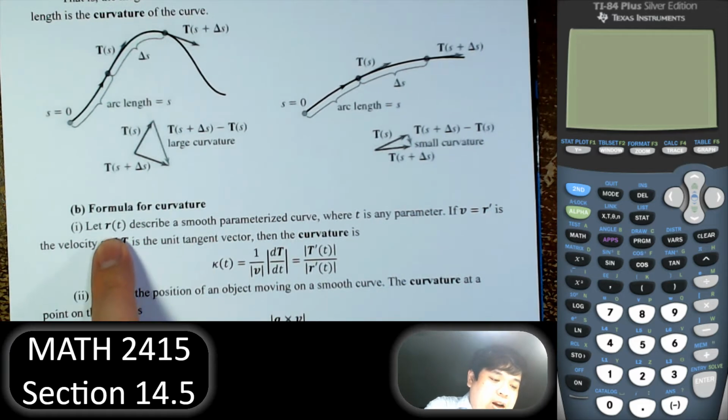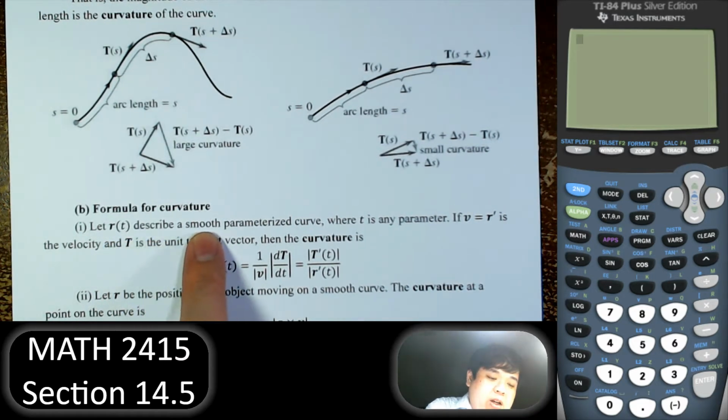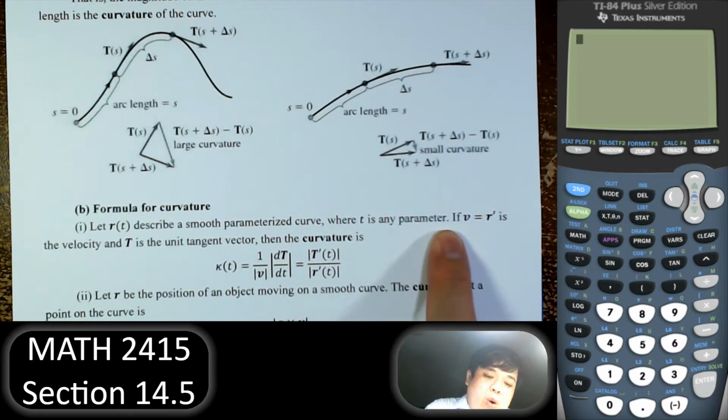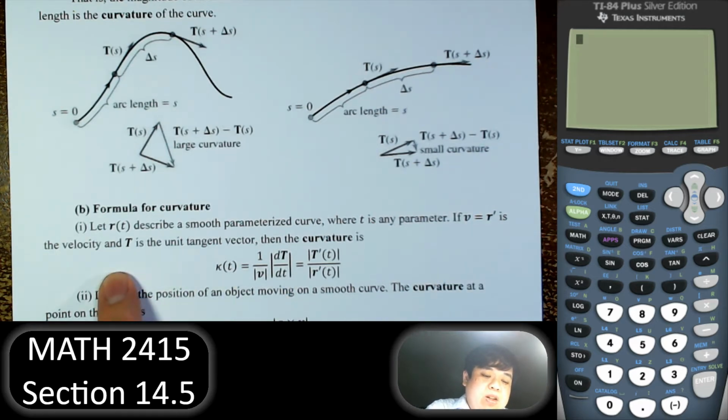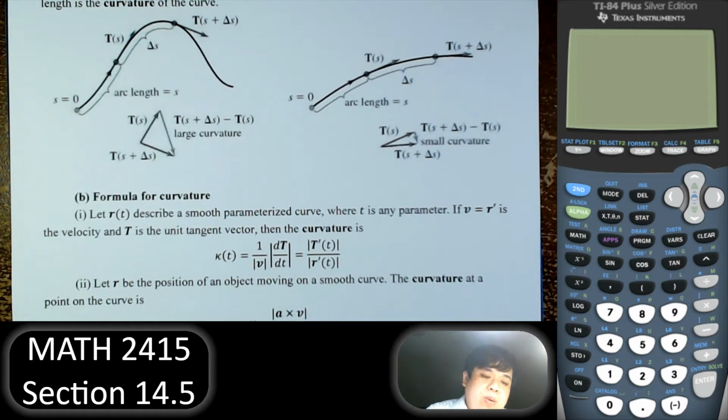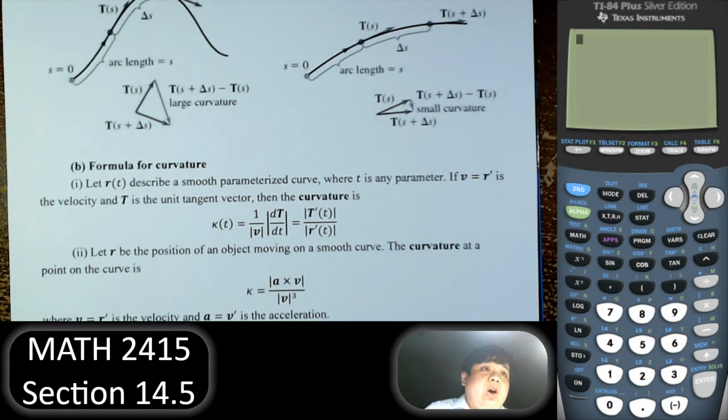So let R of t describe a smooth parameterized curve where t is any parameter. Then because that is the velocity vector or the tangent vector, and T is the unit tangent vector, we have that. This is determined by the curvature. And this is another way to do that.